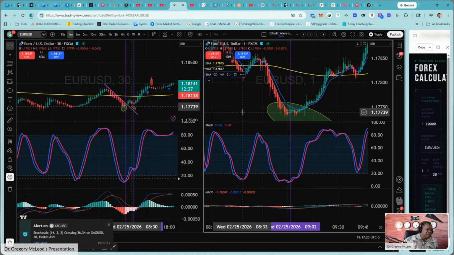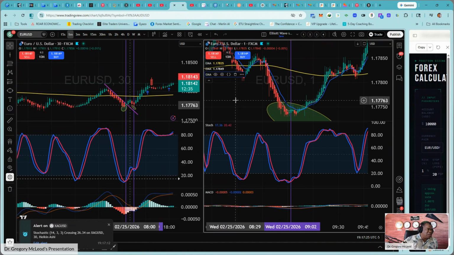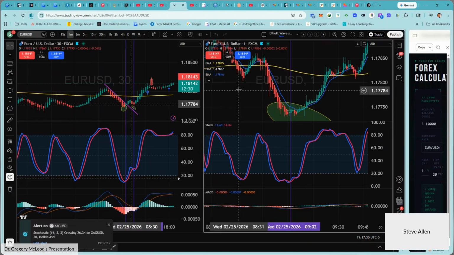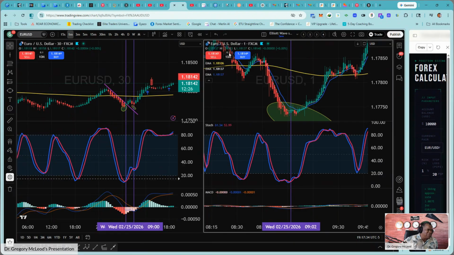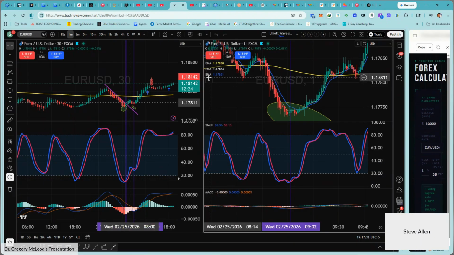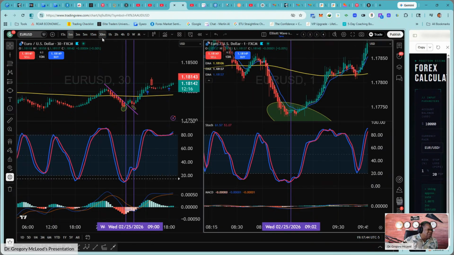Oh, okay, so you got visually Fibonacci numbers, right? 5, 8, 13. I like that. Well, I get the 200. I gotta have my 200 there too. I have the 200, and then I like the 50 because the 50 gives you more of an idea of your short-term trend. Okay, we'll do that.